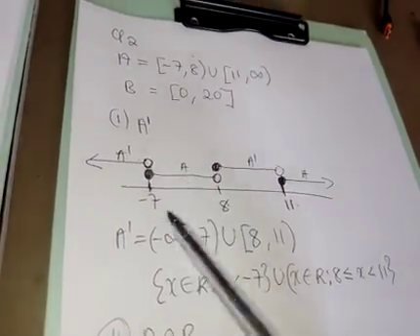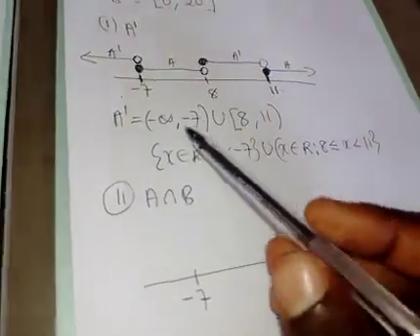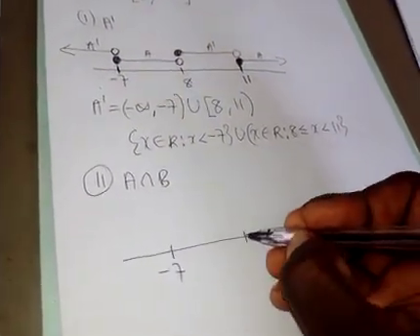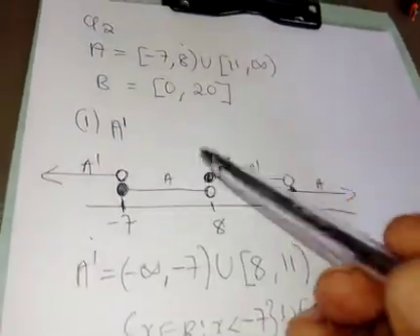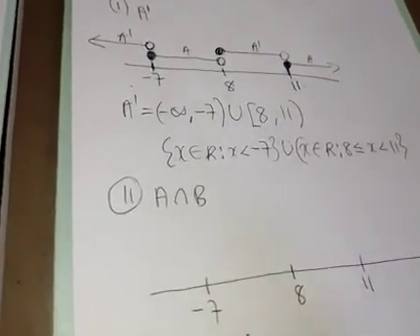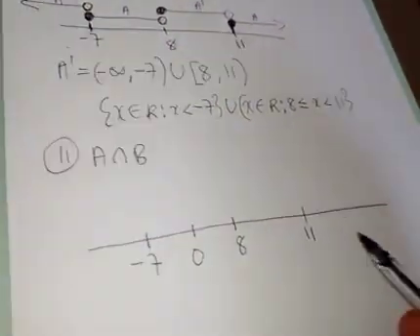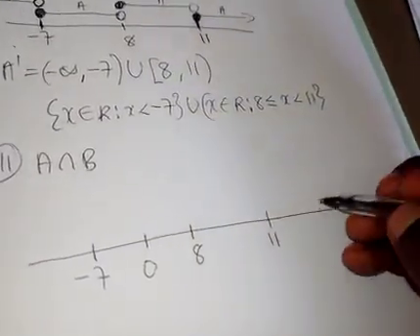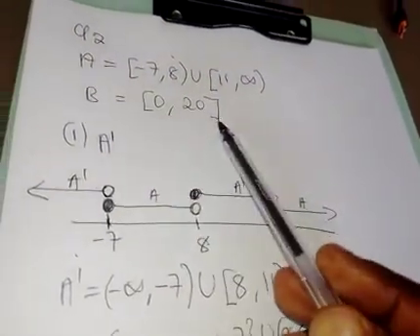Let's show set A. We know that set A, we have -7, there's also 8 and 11. Then for B, what do you have? It's 0 to 20. We know that 0 can be found between -7 and 8. So we can write 0 there. Then 20 should be found after what? After 11, of course. 20. So that's set B, 0 to 20.